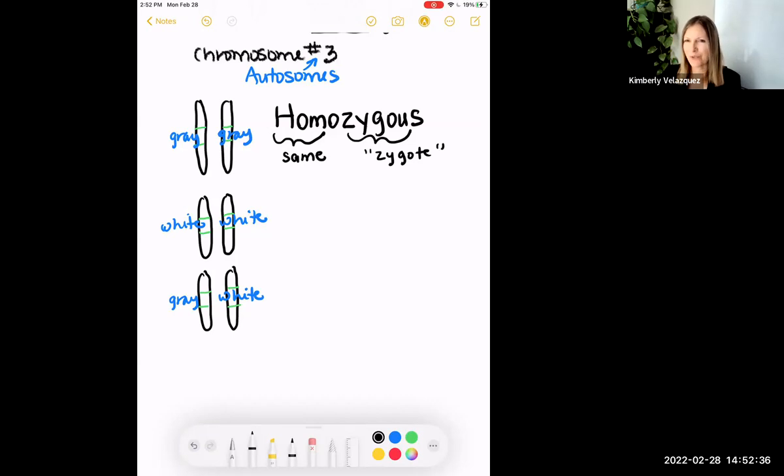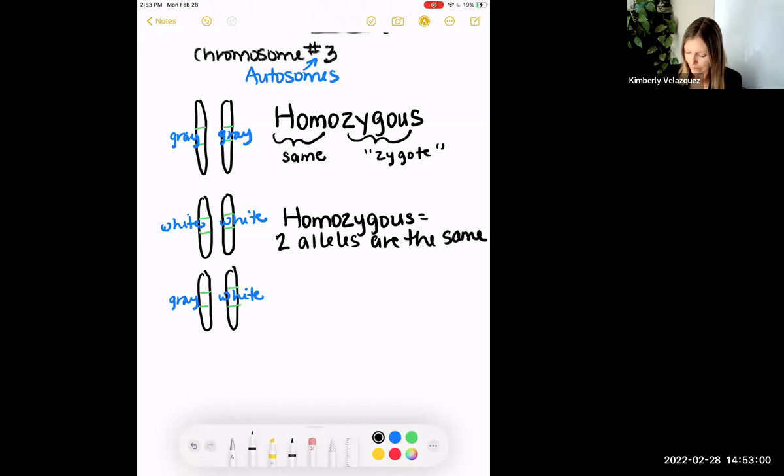But in this case, it's not referring to the whole zygote. It's just saying for that gene, you have 2 that are the same. So that first individual would be homozygous. This individual would also be homozygous, meaning 2 alleles are the same. In other words, 2 of the same allele for that trait.